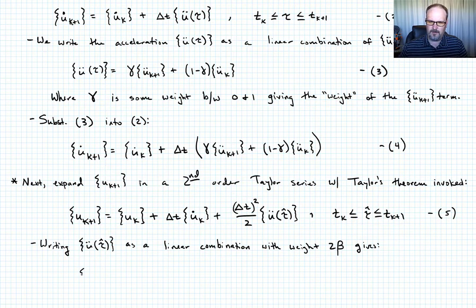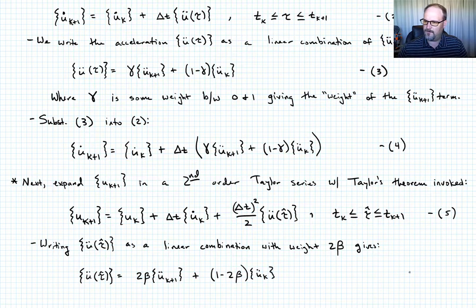We have that u double dot of tau hat is equal to 2 beta u double dot k plus 1 plus 1 minus 2 beta times u double dot k. Let's call that equation 6.